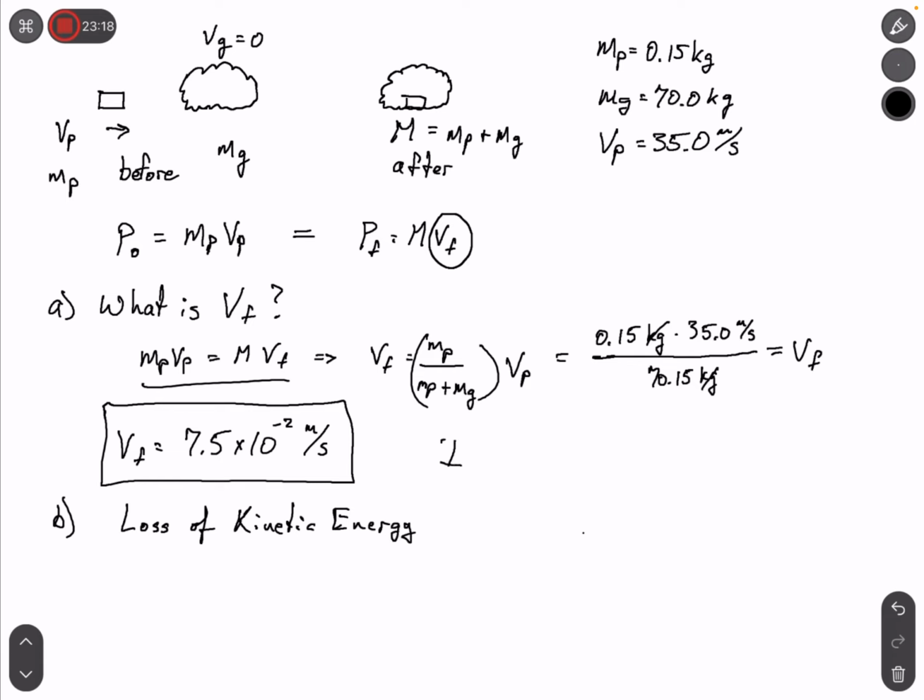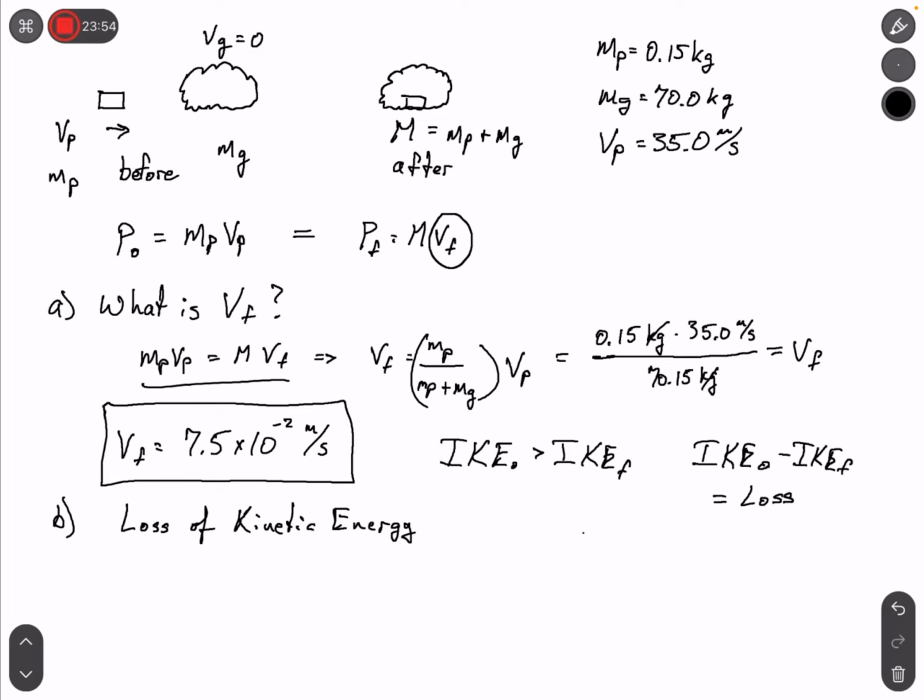Keep in mind, KE initial has to be greater than KE final. If it's greater, the difference between the two is the loss. So we can say KE initial minus KE final equals our loss.